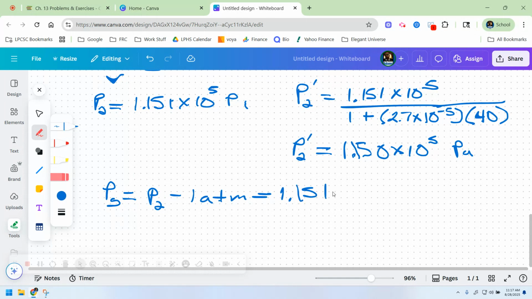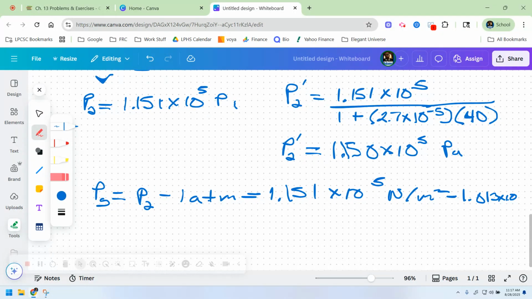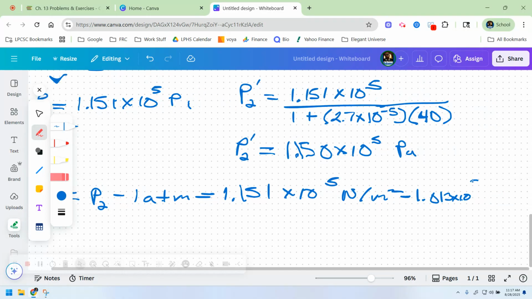We're almost done. Times 10 to the 5 newtons per meter squared, which is really pascals. And minus 1.013 times 10 to the 5. Where did we get that number from? This is 1 atmosphere, but we converted it to pascals.